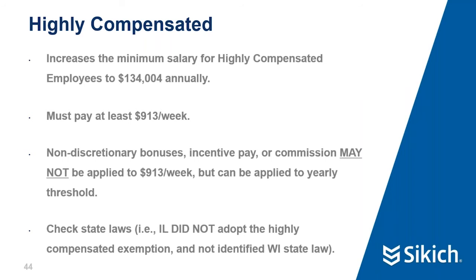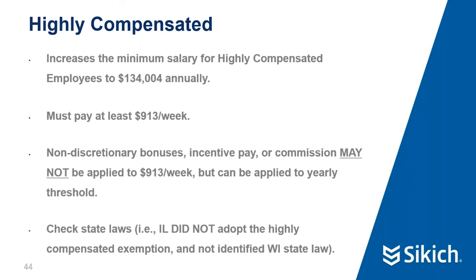So just an overview, for the highly compensated, they've increased the annual salary to $134,004. They must be paid $913 weekly. Non-discretionary bonuses, incentive pay, or commission may not be applied to the $913, but can be applied to their yearly threshold.